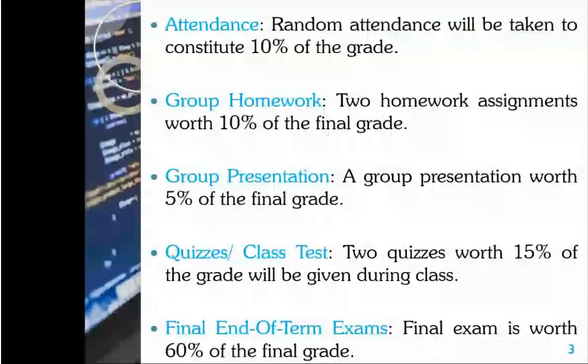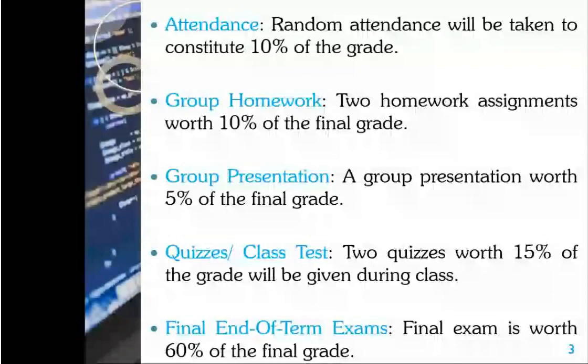Now, with the mode of assessment, 10% of course will be for attendance. Group homework, that will be 2, also going for 10%. The group presentation, which is an interesting section of this course, and I like that one a lot, will go for 5%. And we'll be having 2 quizzes worth 15%.